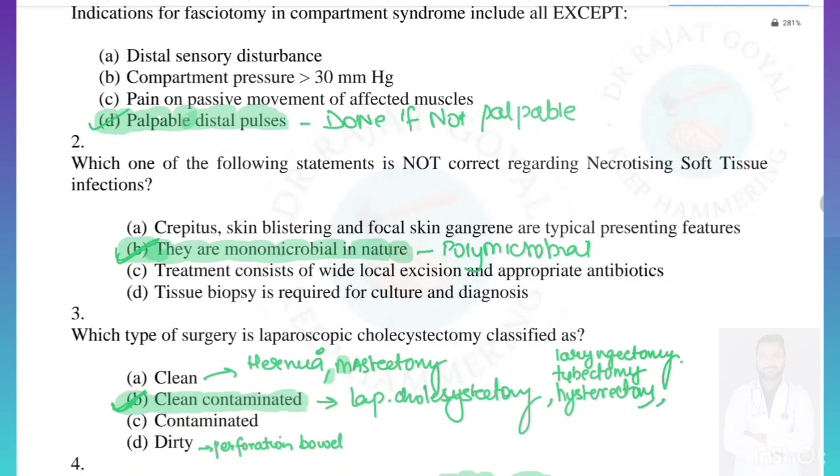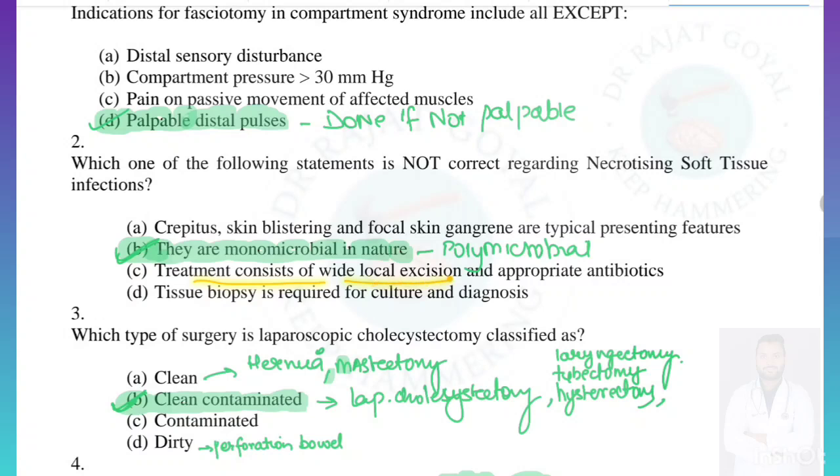Which of the following statements is not correct regarding necrotizing soft tissue infection? Here it is talking about necrotizing fasciitis. Let's start with the first option. Crepitus, skin blistering and focal skin gangrene are typical presenting features. This is a true statement.